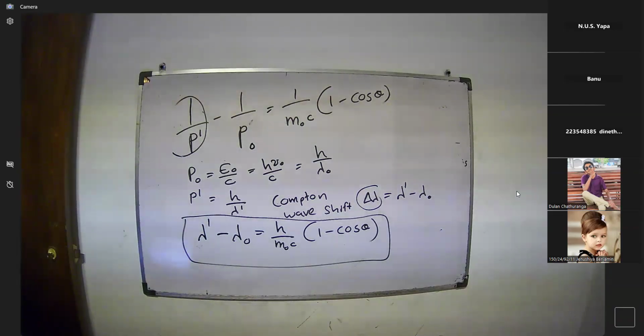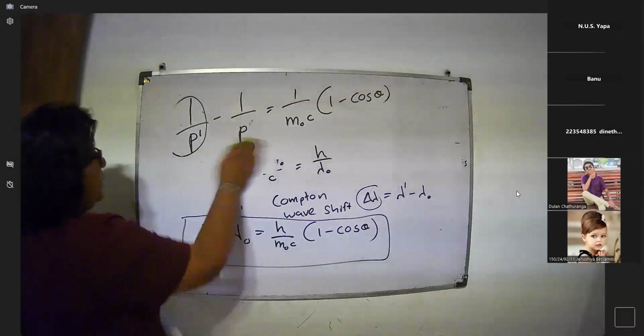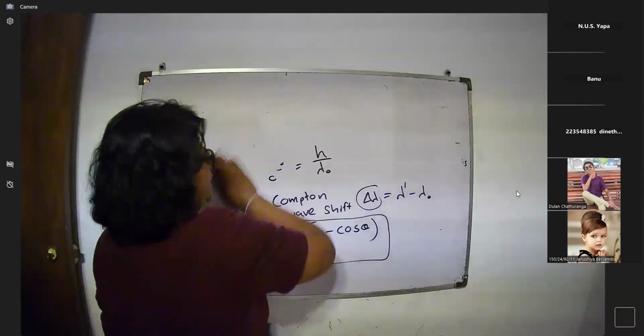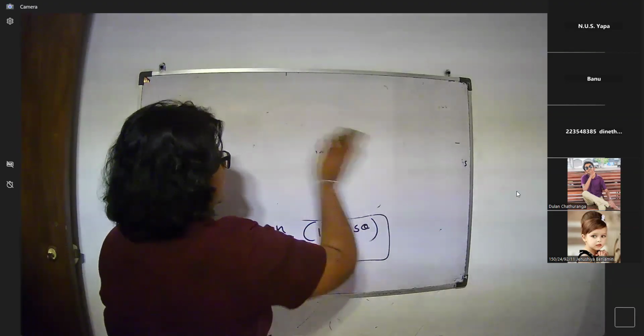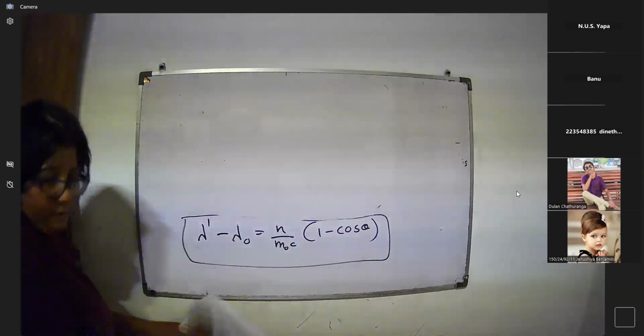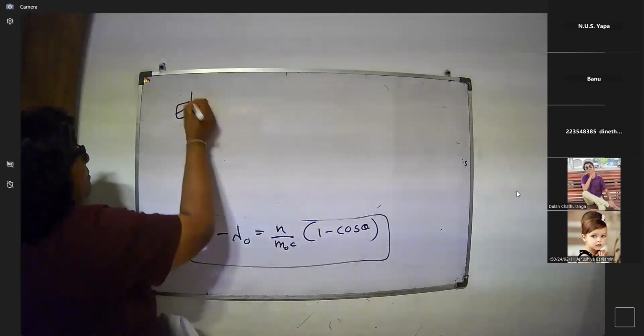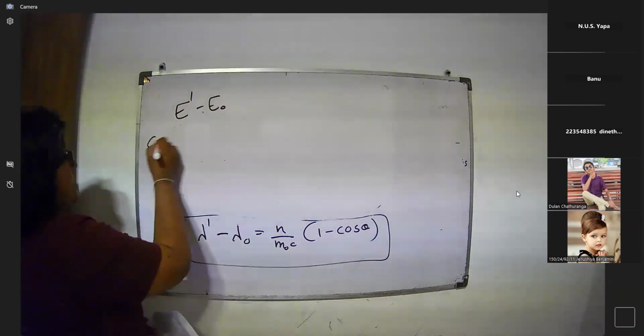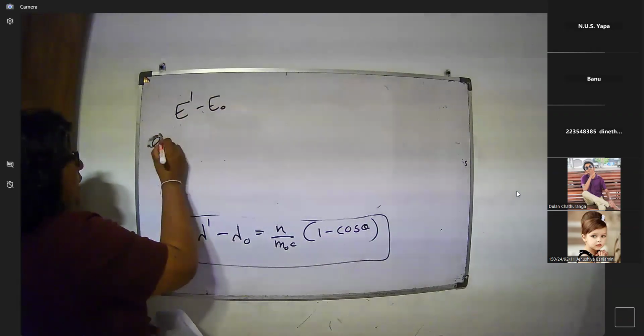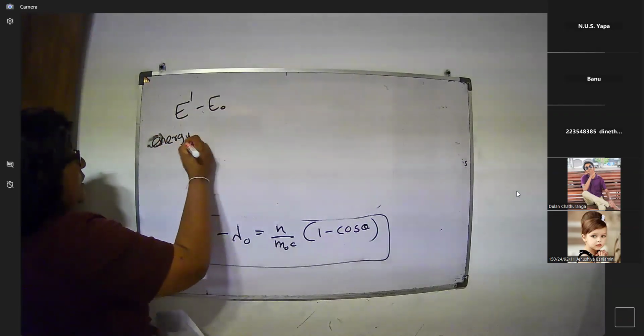Then here we can convert this into the energy change. Sometimes the question can ask what is the energy change during the quantum effect, the quantum shift. Energy change means E dash minus E naught. This is the energy change. We have to convert this.